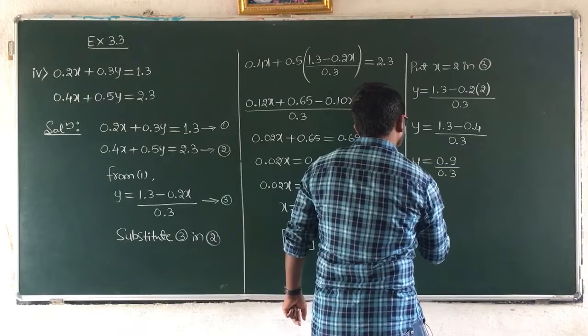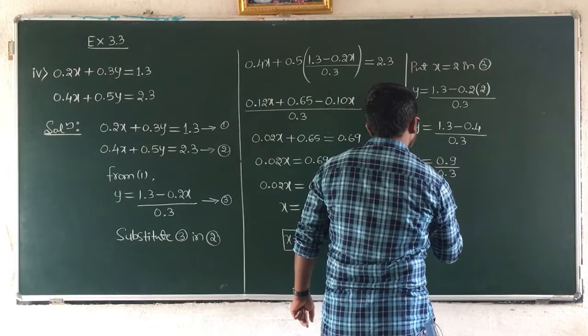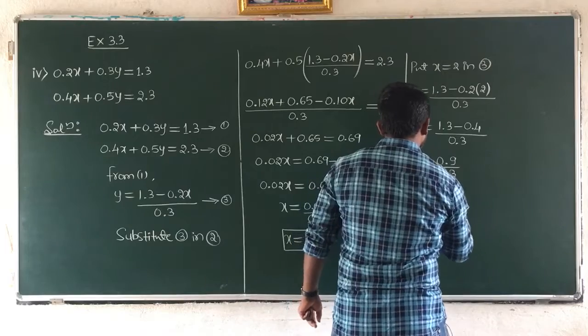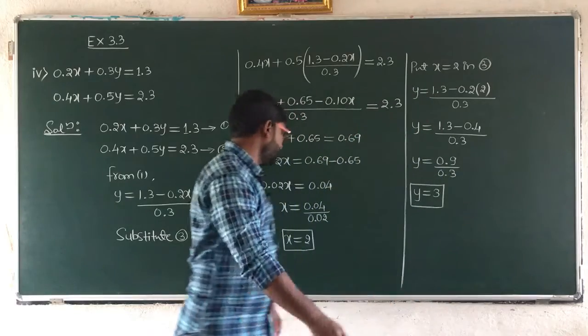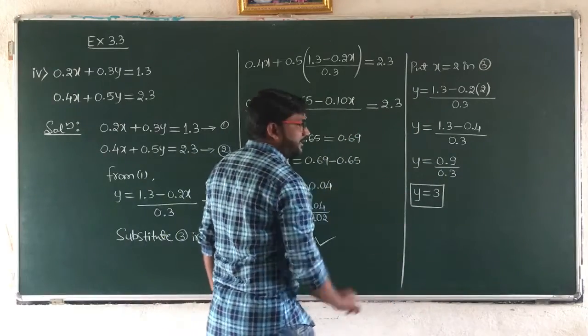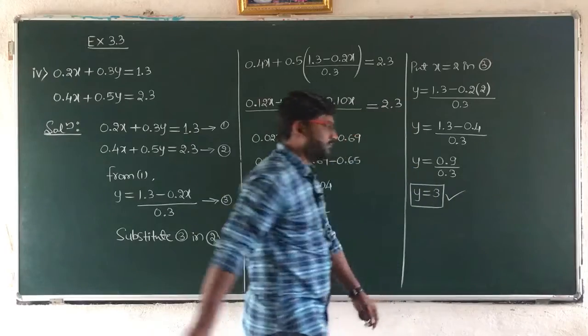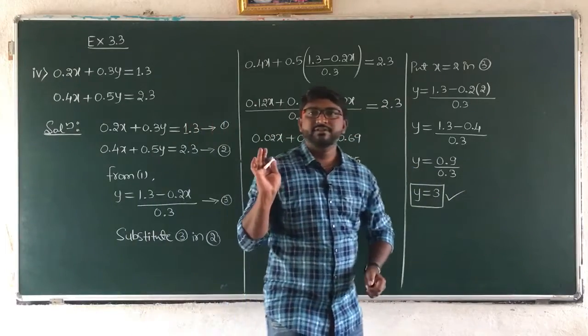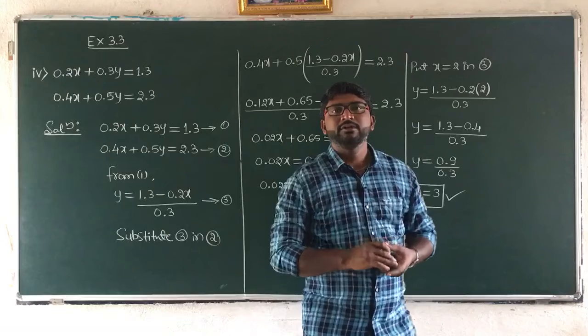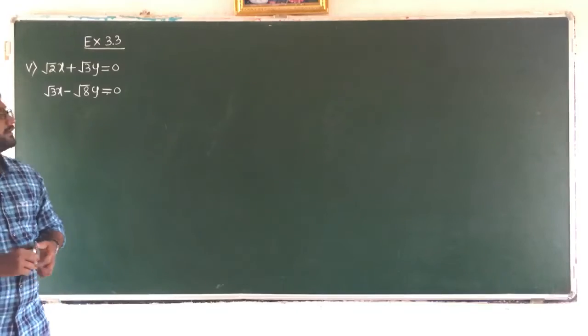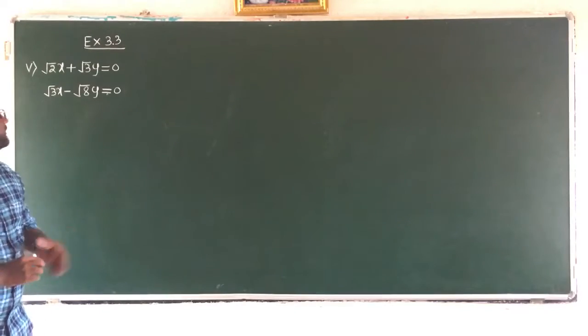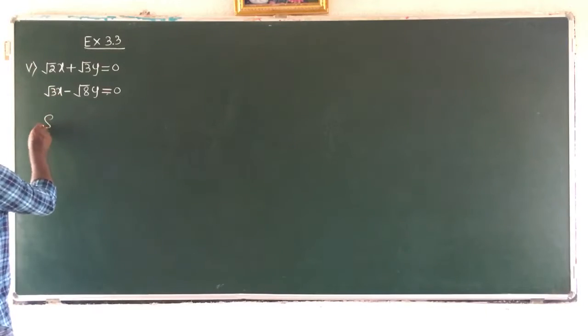How much do you get now? If you simplify this, we get y equals 3. So this is the value of y. Here we have the value of x, and here we have the value of y. So this is all about the fourth sub question. Pause the video to note it down. We will solve the fifth sub question now. I will write the given equations as they are.